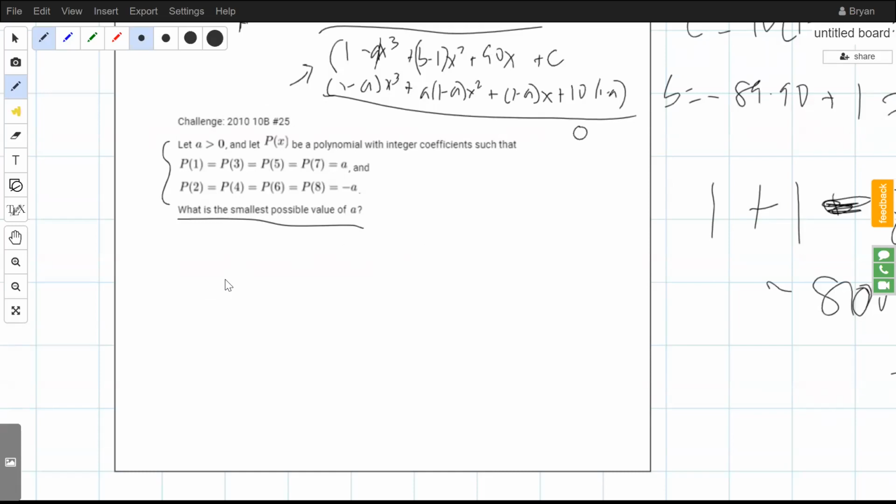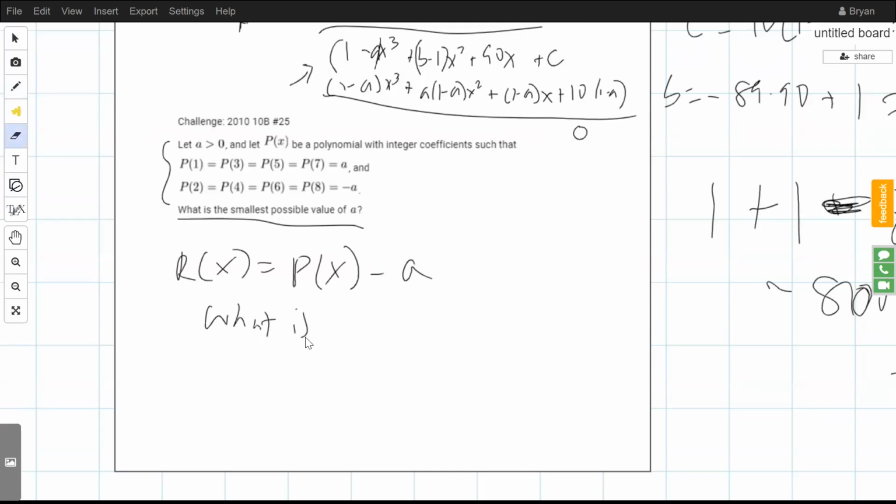functions, right? So my hint is create another polynomial. Let polynomial r of x be defined so that it's just p of x minus a, right? So what is the factorization of r of x?